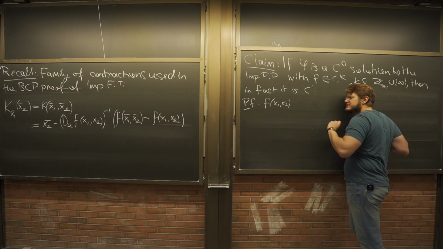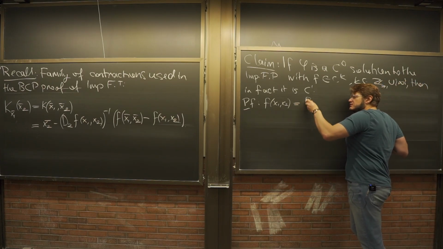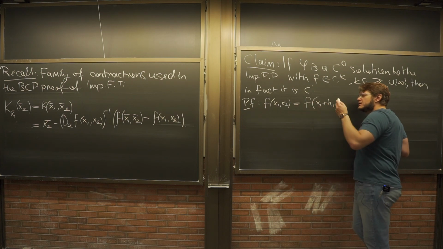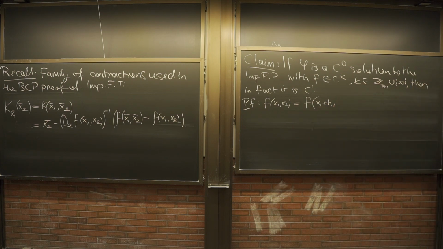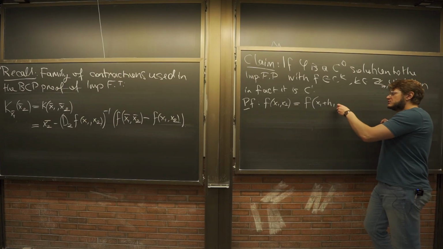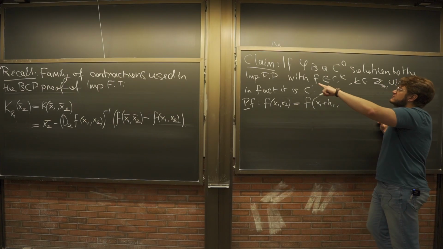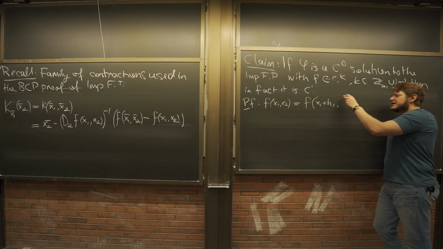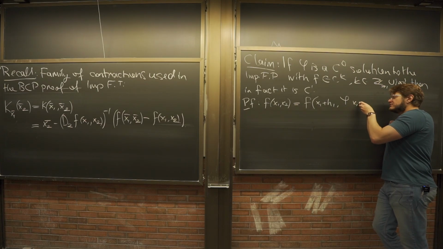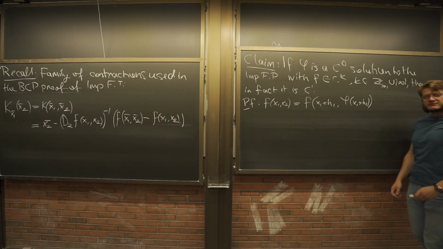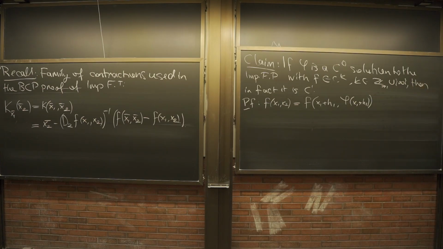This is the height at the initial condition. Now, if I were to perturb x1 by some small amount, because I know that phi is a solution to the implicit function problem, if I were to look at this, this would be, again, still equal to the same height. Okay?